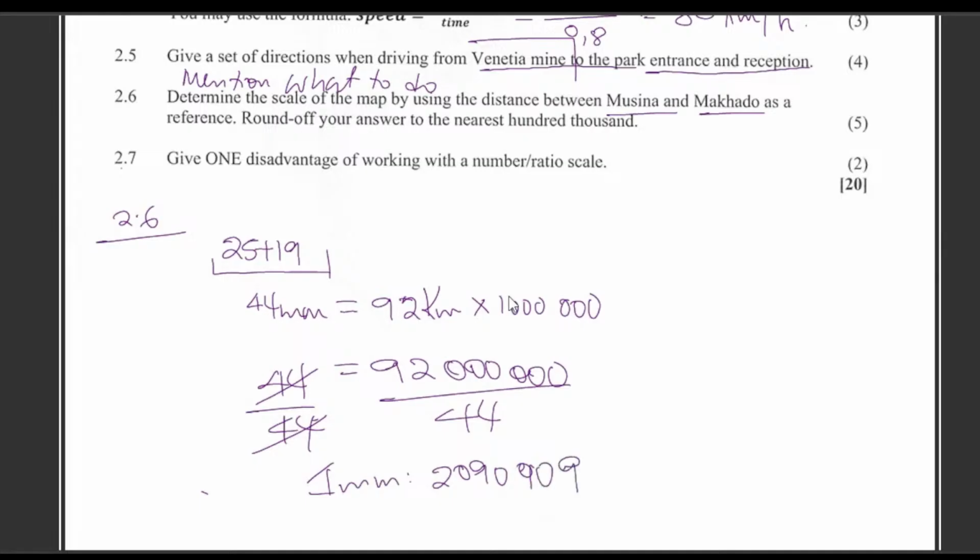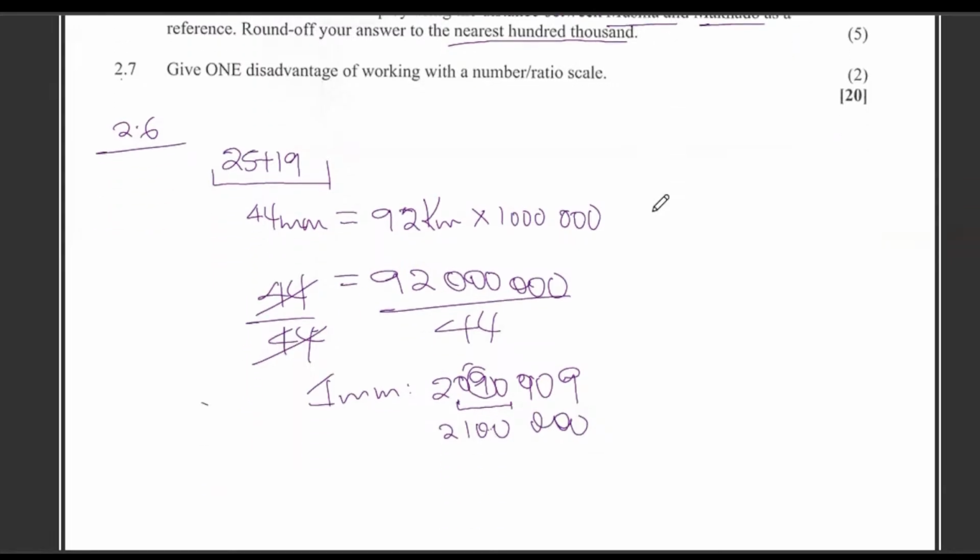But the question says to the nearest 100,000, so the 9 rounds up, and our scale becomes 1:2,100,000.